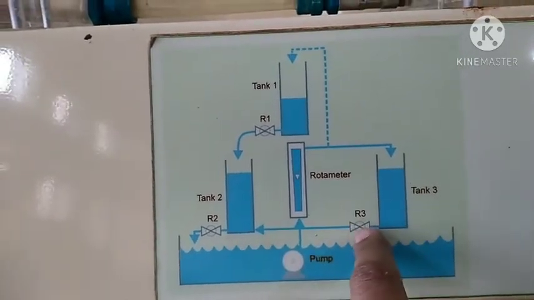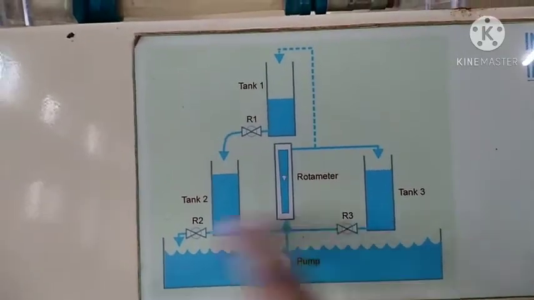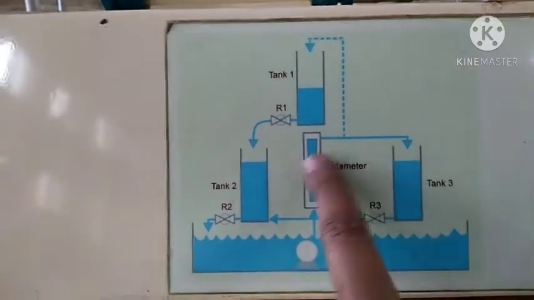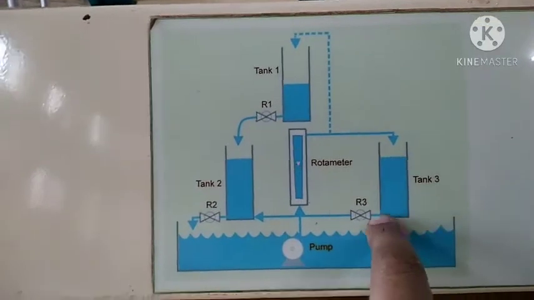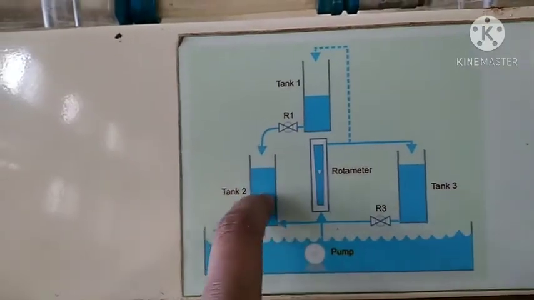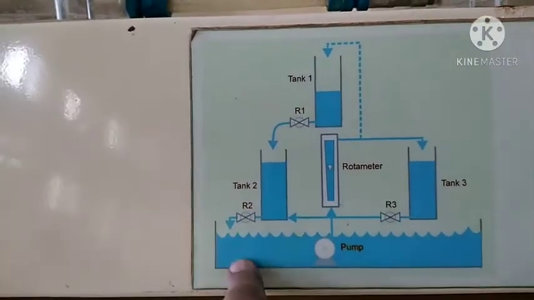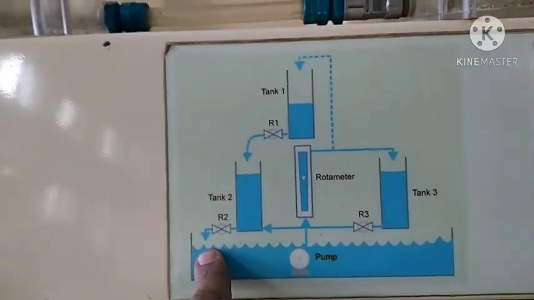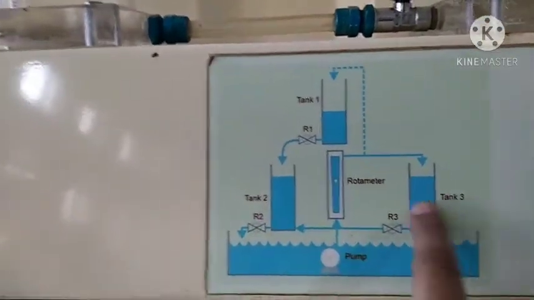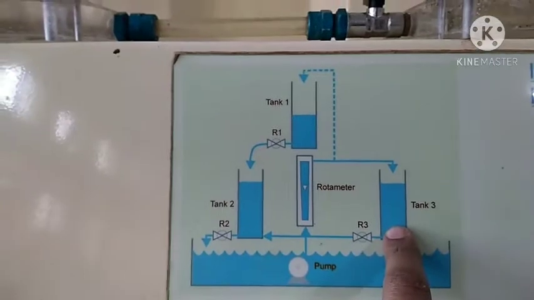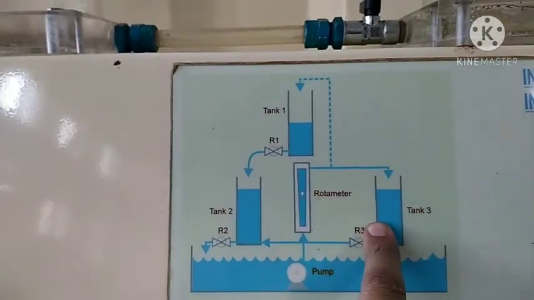So we will keep the resistance fixed here, and water is coming to tank 3 and it is going to fill tank 2, and the outlet is directly connected to the atmosphere. If the tanks are connected in this way, then it is called an interacting system.